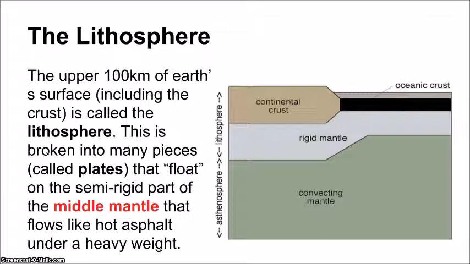And this part of the Earth is actually broken up into plates, and these plates tend to float on the convecting mantle. Now they don't really float, they just move around. So as the gooey molten mantle is convecting, it's going to push those plates around on the surface, and they're going to bump into each other and interact with one another.